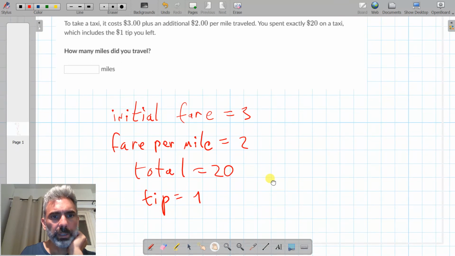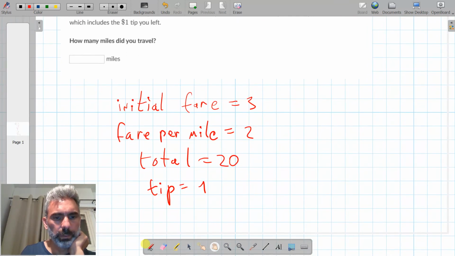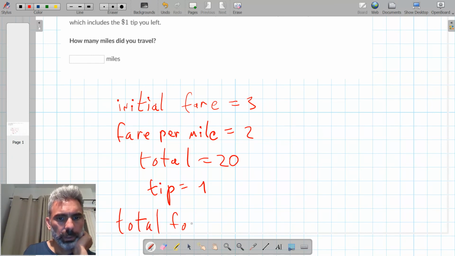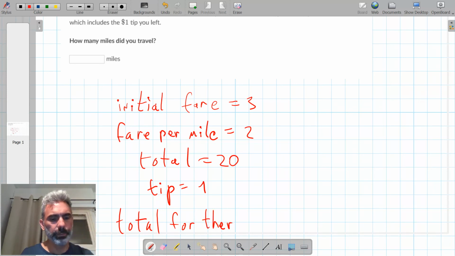Okay. So for the ride itself, the total for the ride without tip is 19, because the total plus tip is 20. So 20 minus 1 is 19.